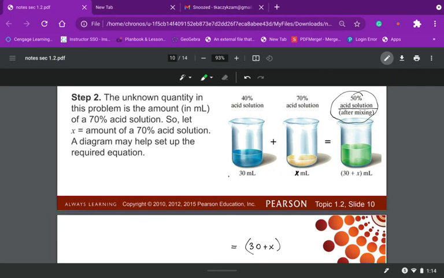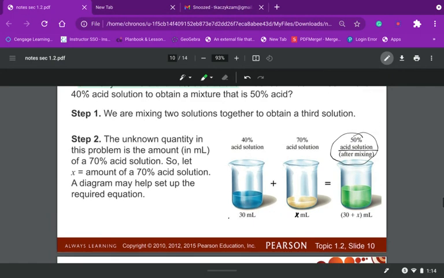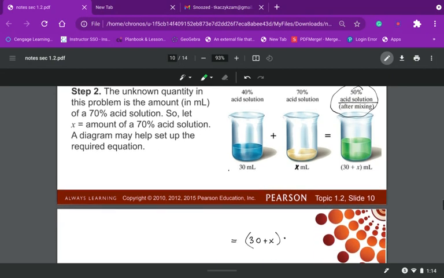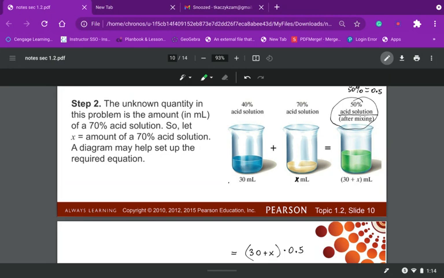Okay, so we need to multiply that by 50%. And 50% is just 0.5. When you change percent to decimals, you just divide that number by 100. So you need to multiply that by 0.5 because our brand new solution has to have 50% of acid solution.